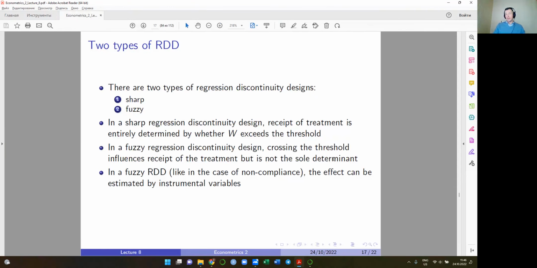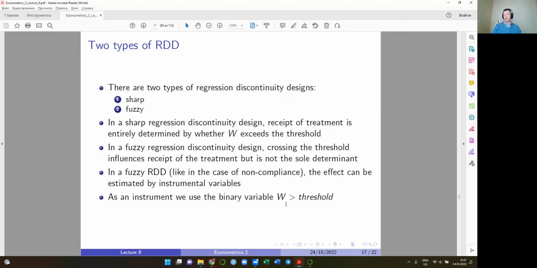And as we discussed about non-compliance in the randomized control experiments, we can use instrumental variables here. I'm not going to go there and discuss the techniques, but if in your future career you ever want to use RDD for your specific cases, remember that the problems with fuzzy RDD might be solved with the help of instrumental variables.